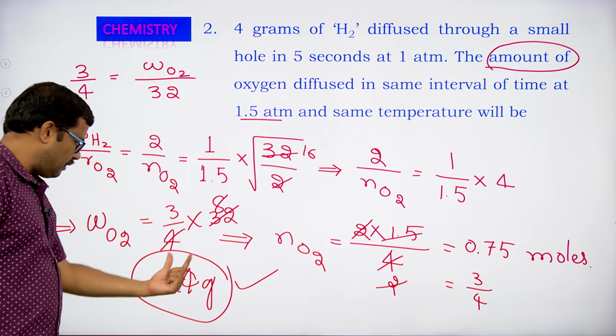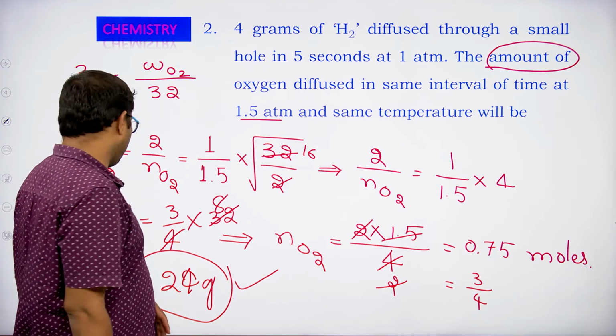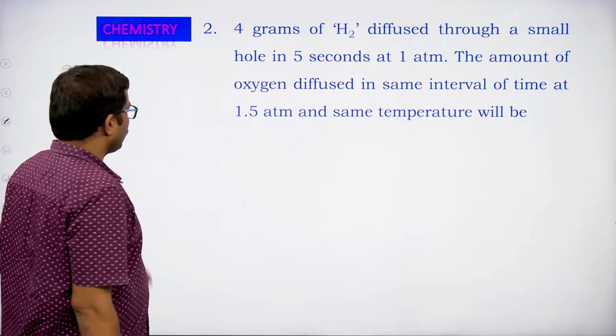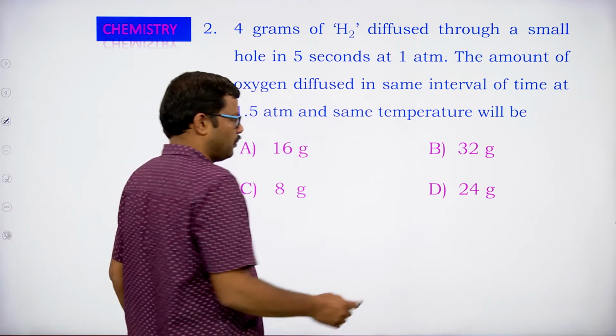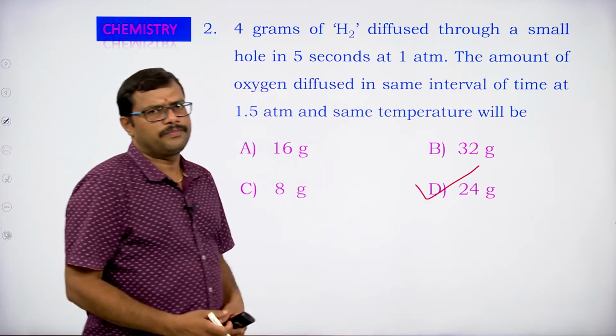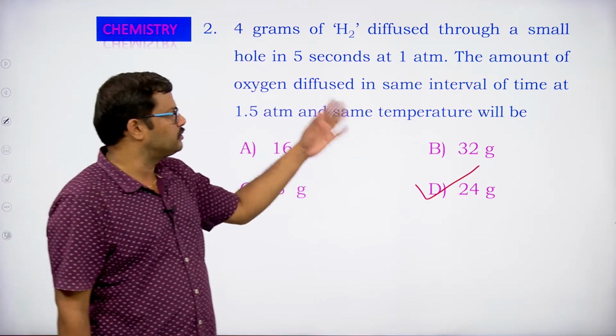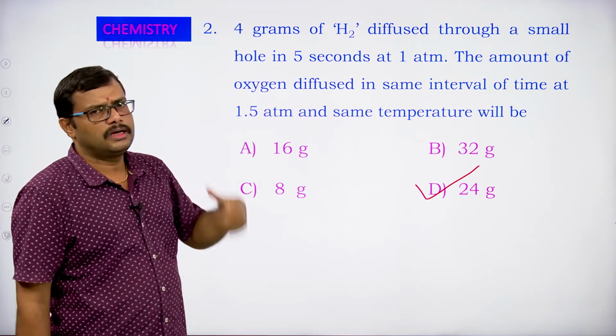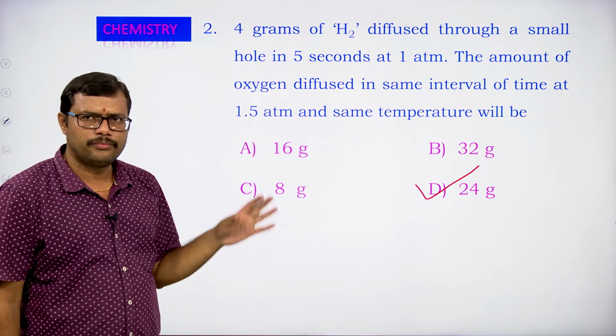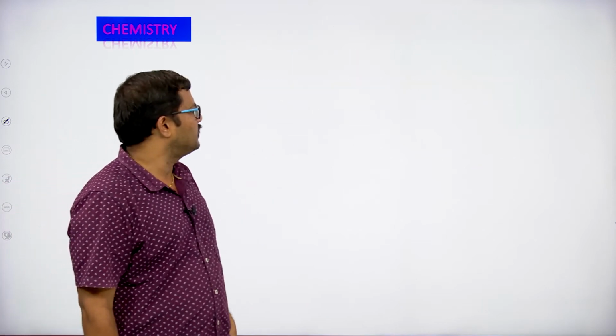So, we are calculating the weight of oxygen and we are getting the value as 24 grams. Look at the answers that are given: 16, 32, 8 and 24. So, 24 grams, option D, is correct: 24 grams of oxygen diffuse in the same interval at 1.5 atmospheric pressure. Right. Let us see one more.